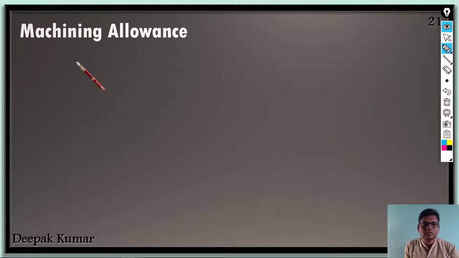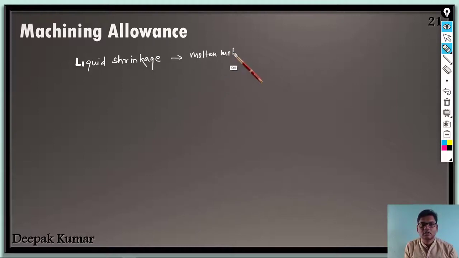One is liquid shrinkage, which is the shrinkage happening during cooling of the molten metal from pouring temperature to its melting temperature or freezing temperature.